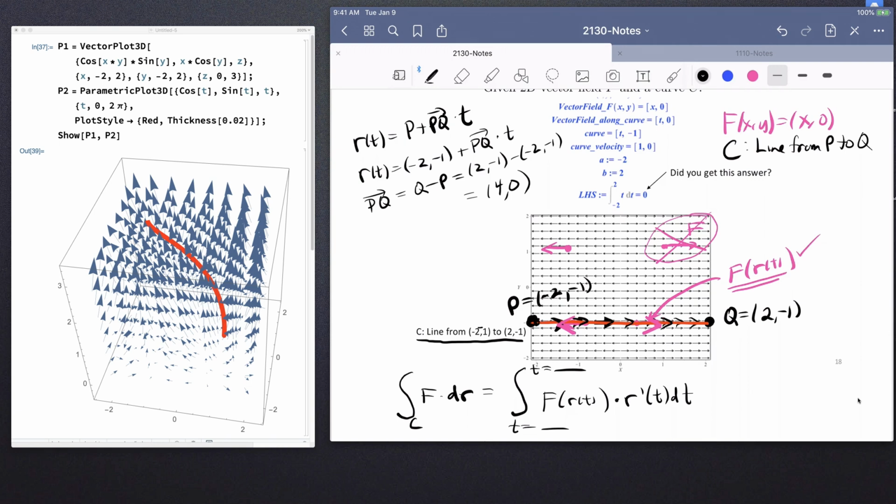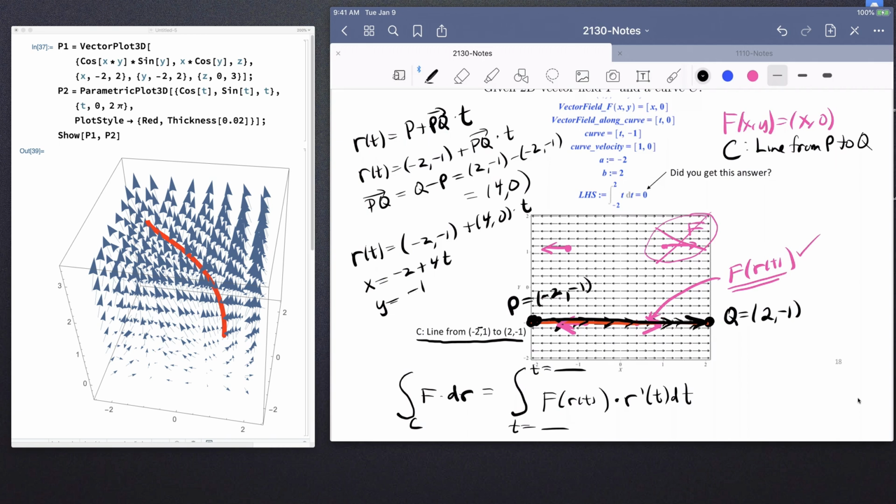The vector from point P to point Q is just 4 units to the right, 0 in the y direction. So our parametric form of our line is -2, -1, plus 4, 0 times t, otherwise known as x is equal to -2 plus 4t, y is equal to -1.